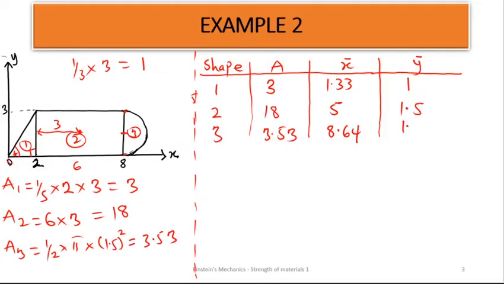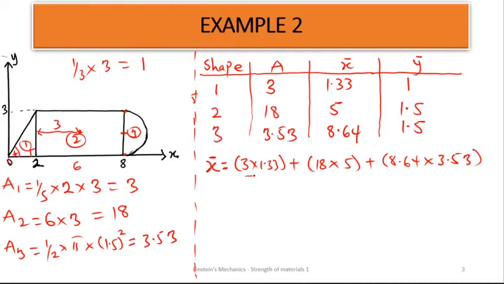So once the table is done, then our X prime for the center is going to be this 3 multiplying 1, plus 18 multiplying 5, and we have 8.64 multiplying 3.53.